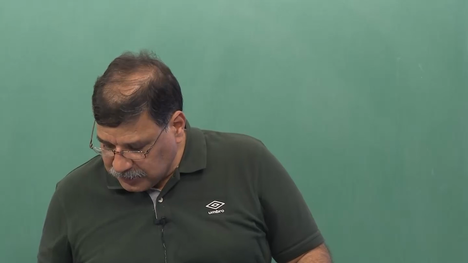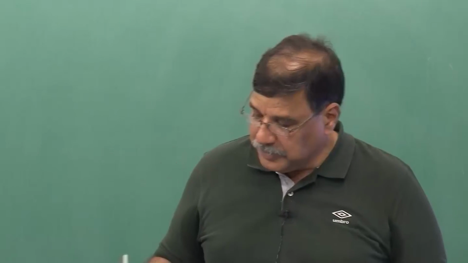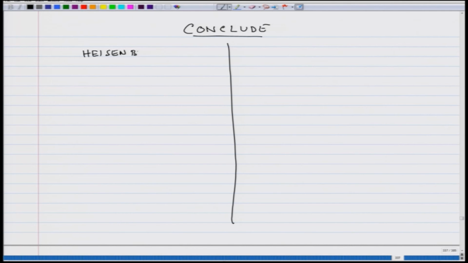So, to conclude this lecture, let me just make a comparative table for Heisenberg and Schrodinger picture. So, I will conclude this lecture by making a table of Heisenberg and Schrodinger.